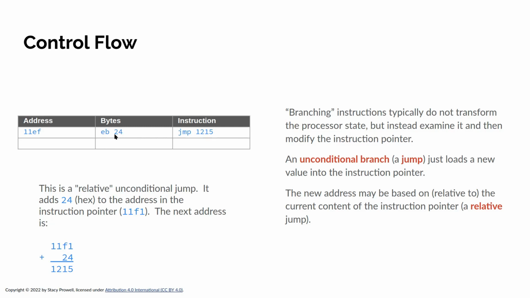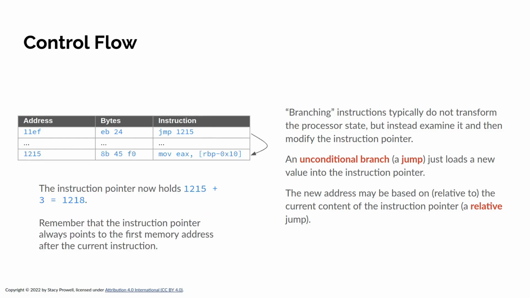What's actually happening is this is a relative jump. So it's saying take the contents of RIP, which remember points to 11F1, and add hex 24 to it. We do that math, we get 1215. And there he is. So there you go. The disassembler has helpfully figured that out for us.